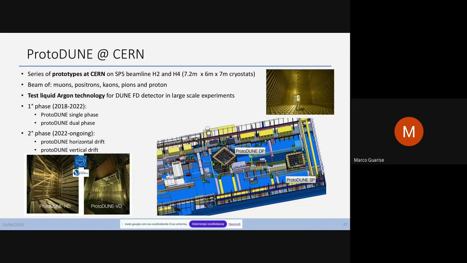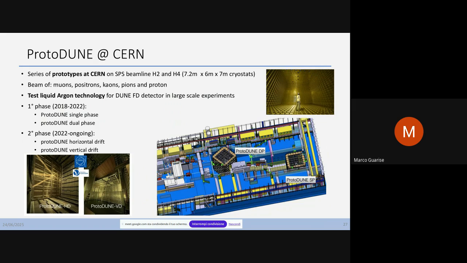As I said at the beginning, at CERN there are 2 prototypes, which are called ProtoDUNE, and starting from 2018, they are used to test and to verify the technology that will be used in DUNE. So at the beginning, they were instrumented with photomultiplier tubes, then with silicon photomultipliers.